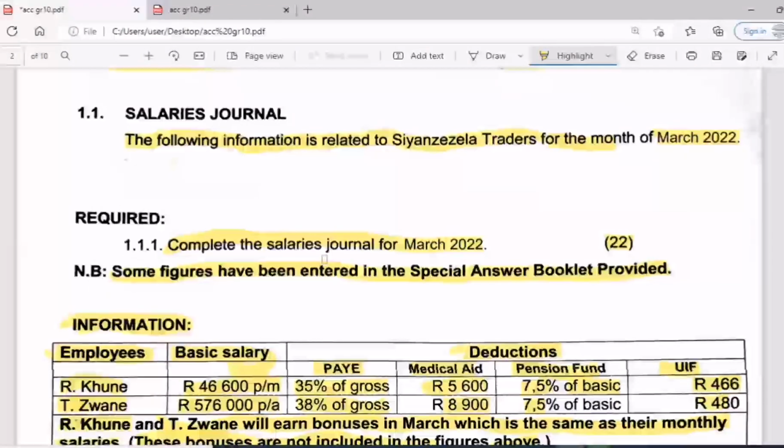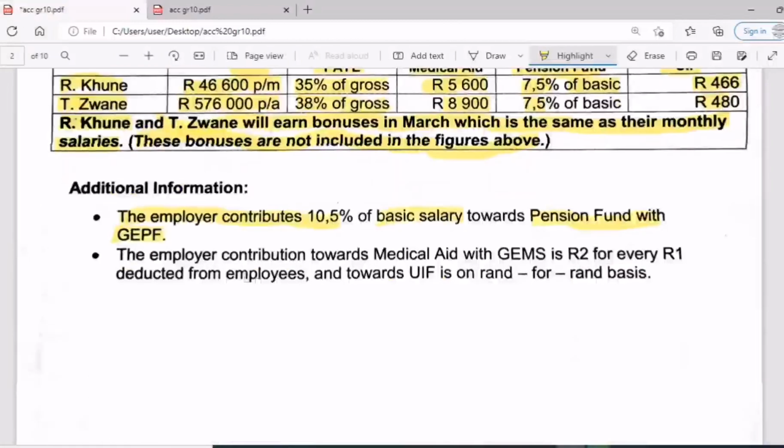The employer here is Siyazenzela Traders. So the business contributes on behalf of its employees. They contribute 10.5% of the basic salary towards the pension fund. We're going to take that into account in our calculation for the employer's contribution.